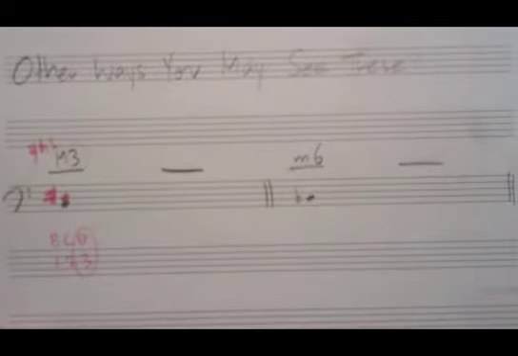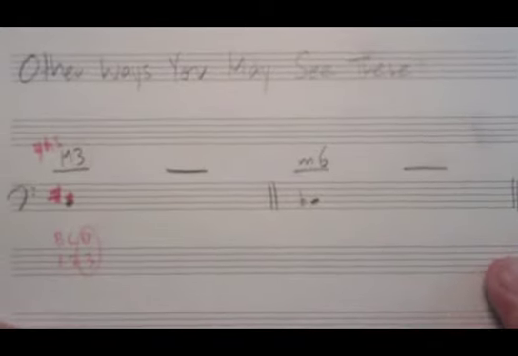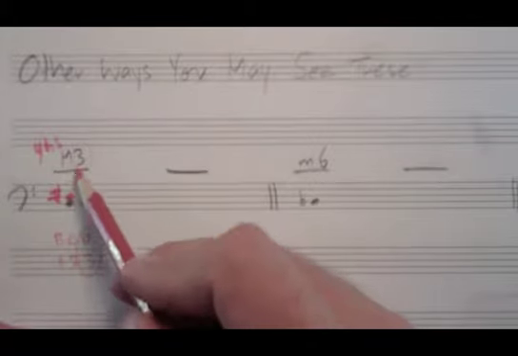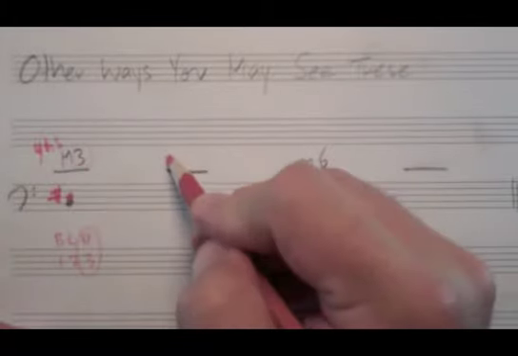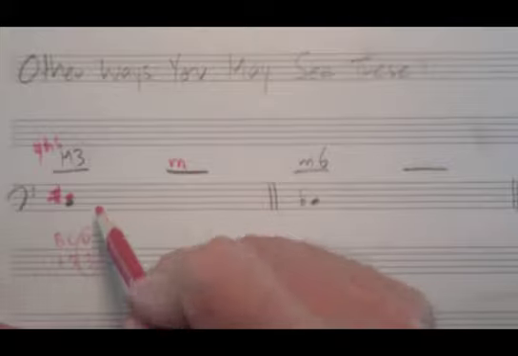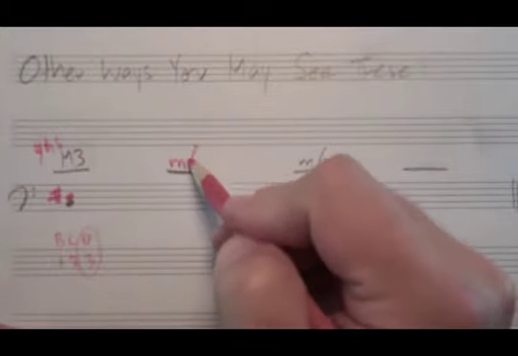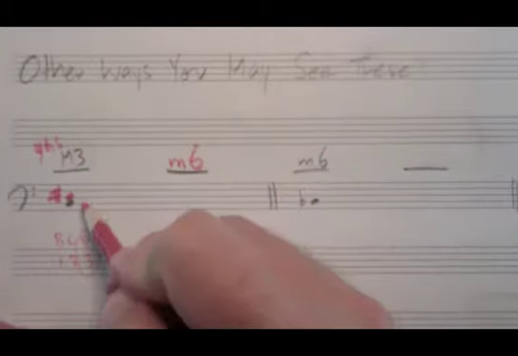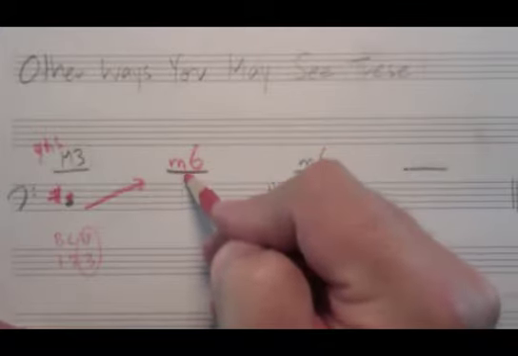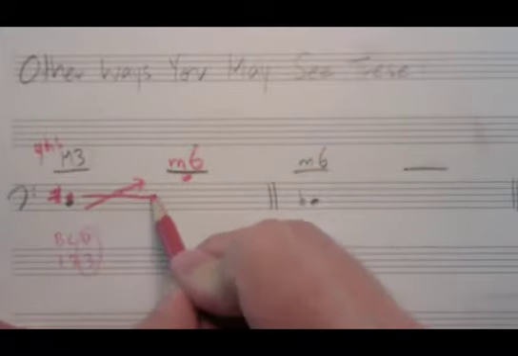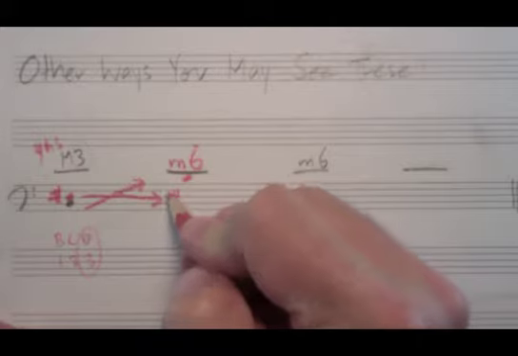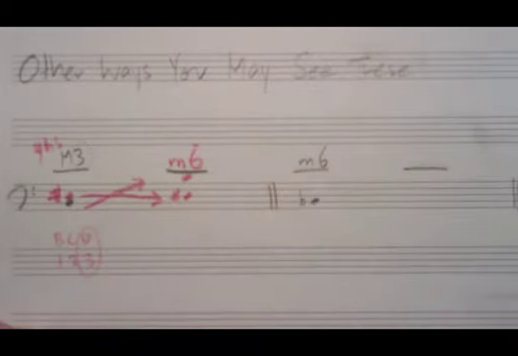So now doing the interval inversion is exactly like what we've practiced so far. Major inverts to minor, third inverts to sixth, B goes up an octave, D sharp comes across an octave.